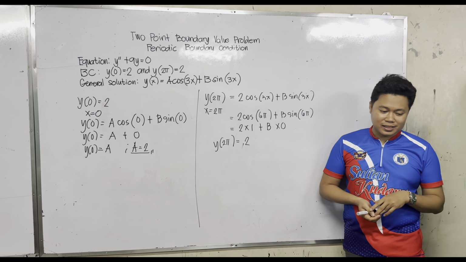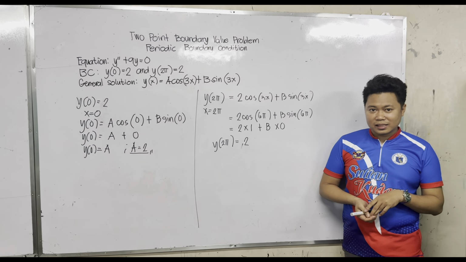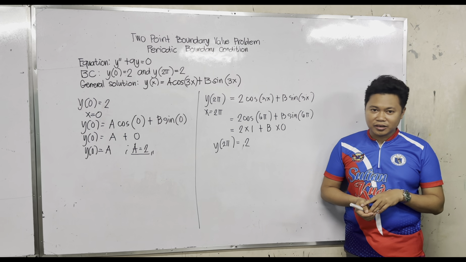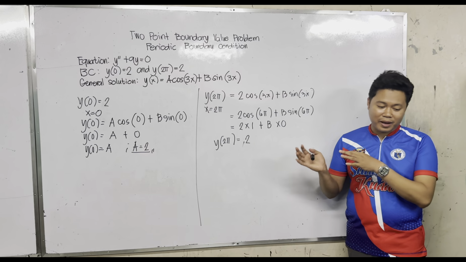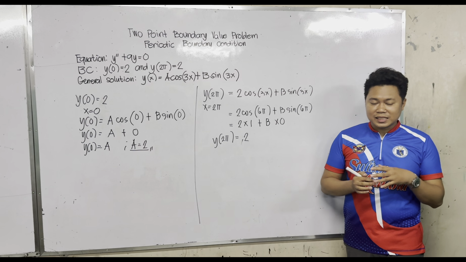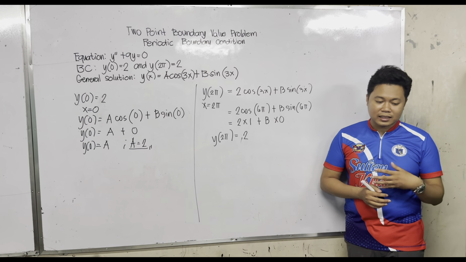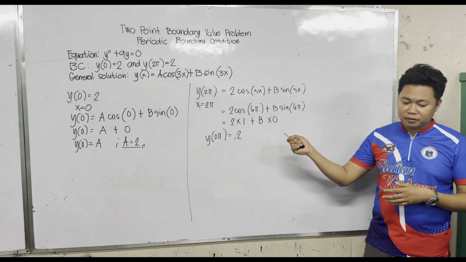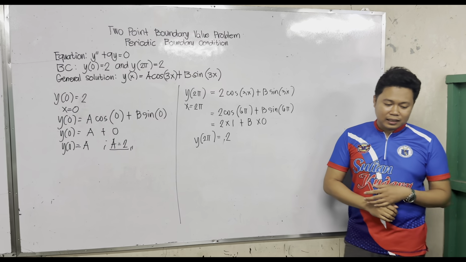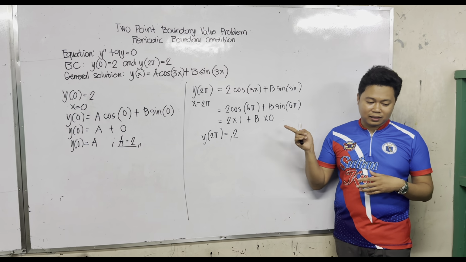That matches. For sine 3x, sine of 0 is 0 and sine of 6 pi is also 0, and it also matches. So both basis functions individually satisfy the conditions at 0 and 2 pi. Therefore, any linear combination satisfies them.